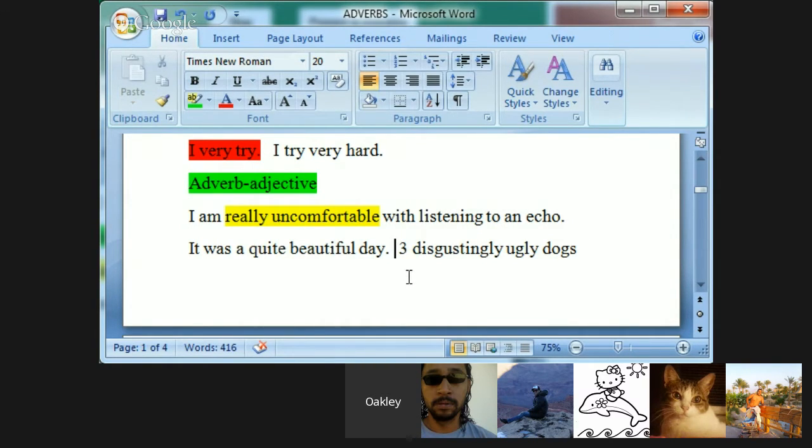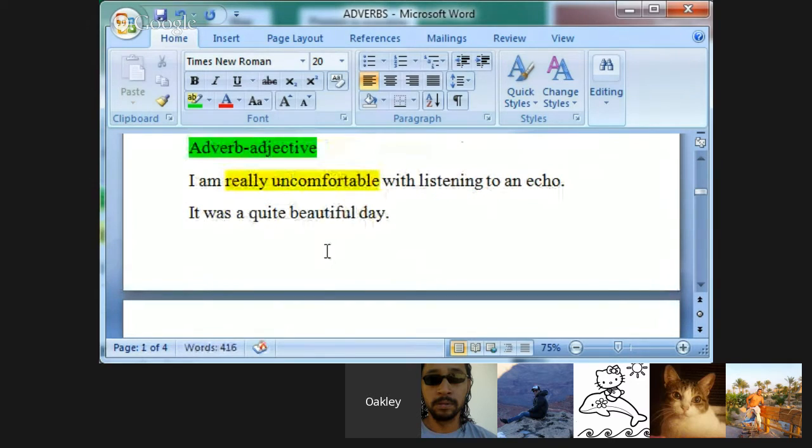Okay. So that raises an interesting point because it is possible sometimes to move the adverb around. This is a very special situation. It is possible here, Carolina, to say it was quite a beautiful day. This is a point of confusion right here.